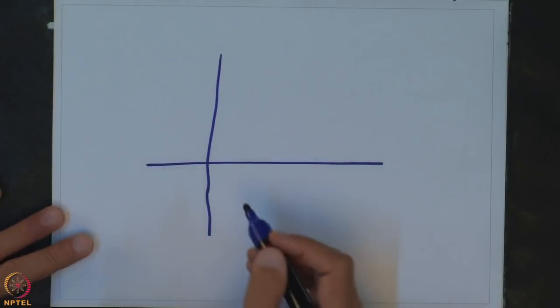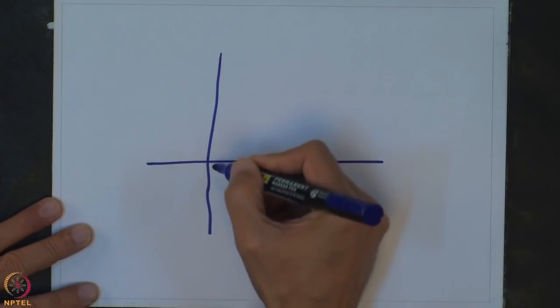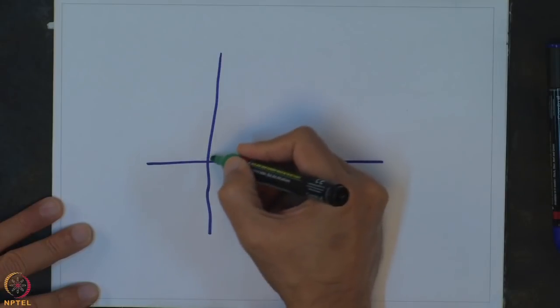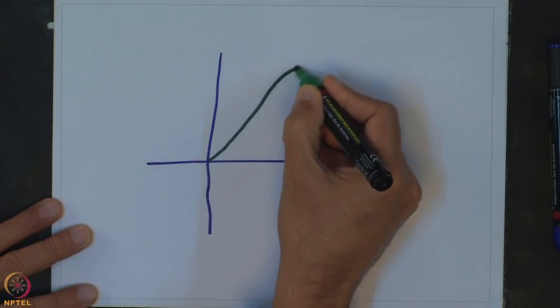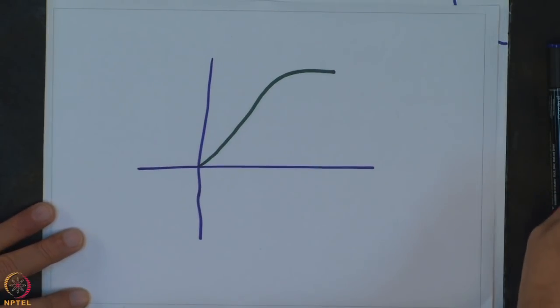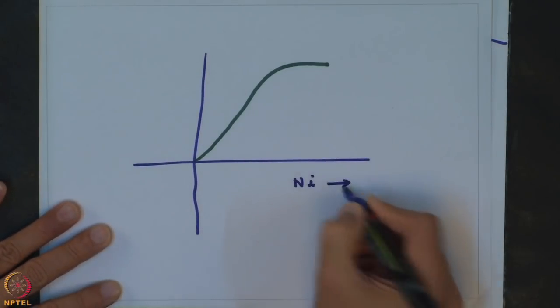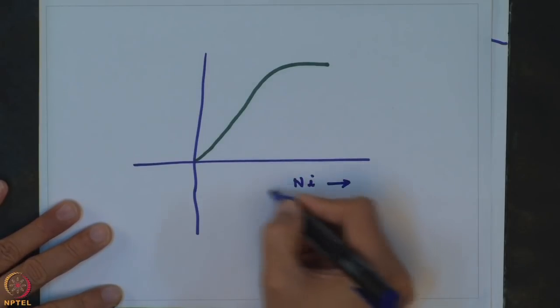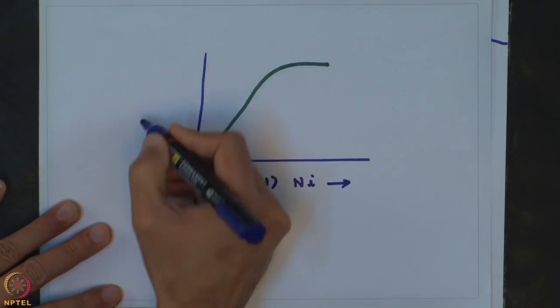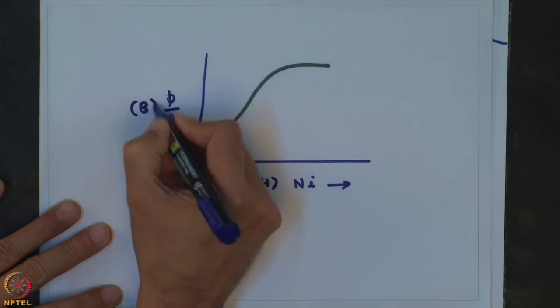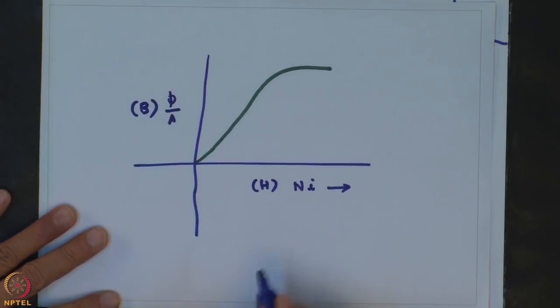Considering only one quadrant, a typical BH curve would appear something like this. Let me also mark the N into I on the x axis, which is nothing but H, and also phi over A on the y axis, which is nothing but B, and that is why it is called a BH curve.